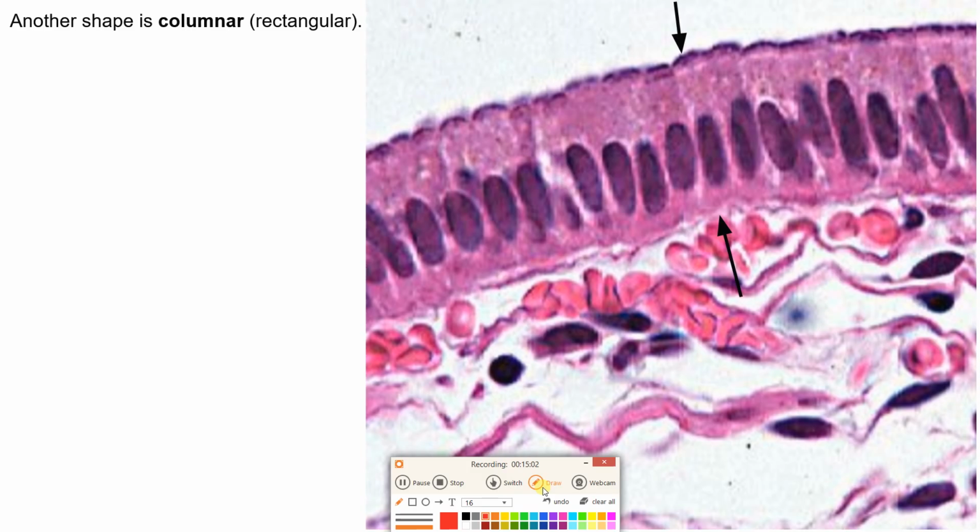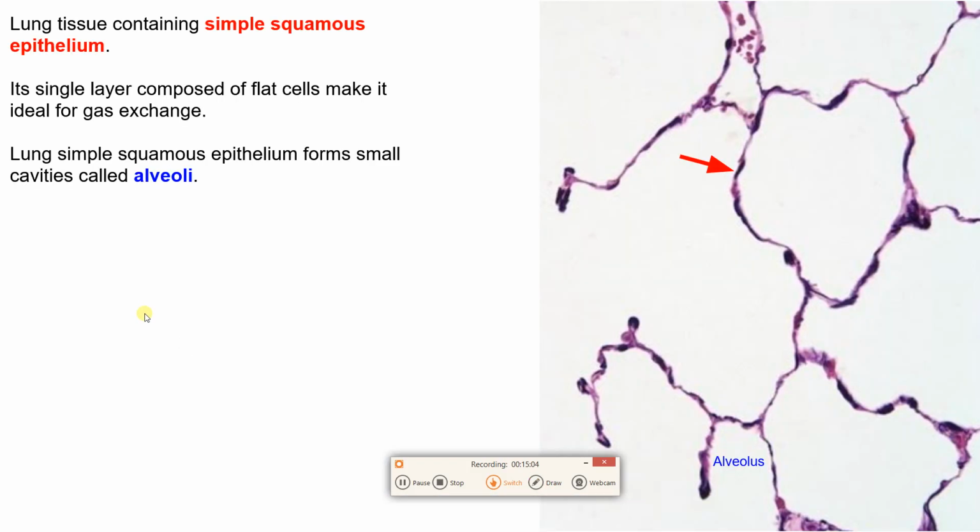Okay, fantastic. Let's keep going. And so now we're going to put those words together, like those shapes and those layer types, and talk about epithelial tissues. This is simple squamous epithelial tissue. It's a single layer. The cells are flat. So this right here, I'm just going to draw a line on it. And I just draw one line on it because that's basically what it is.